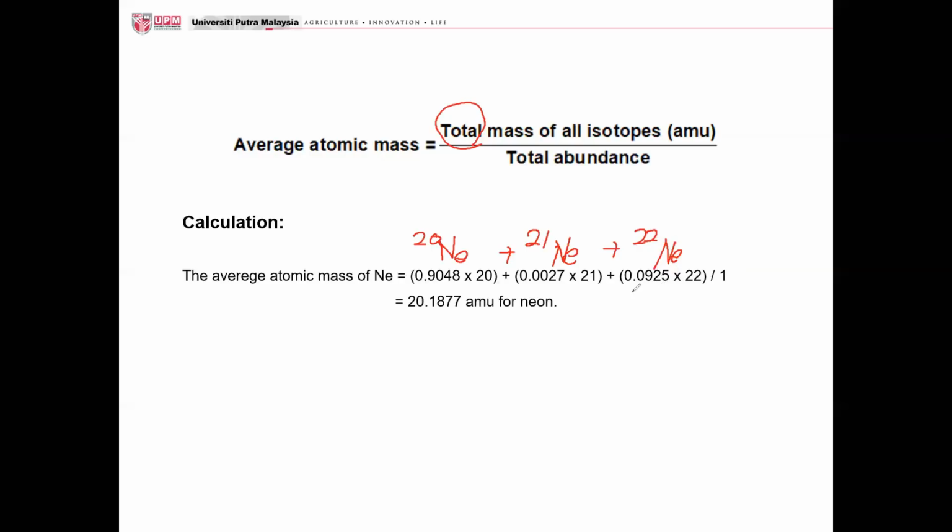Totaling all the isotopic abundances given in the equation, we get 1. Then solve this and you will get 20.1877 AMU for neon. This is the average atomic mass of neon. You can refer to the periodic table as well.